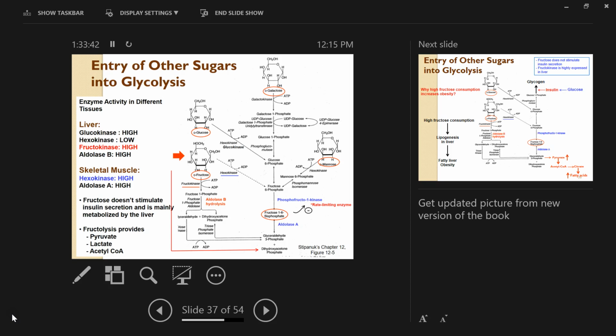But the fructose metabolic pathway lacks this kind of key enzyme control, so fructose can continuously oxidize and produce a lot of intermediates.